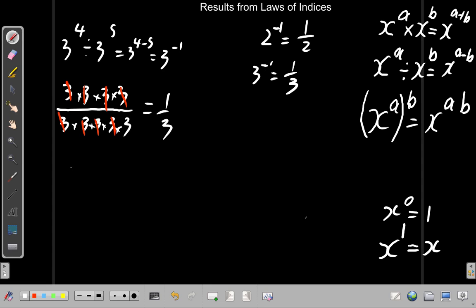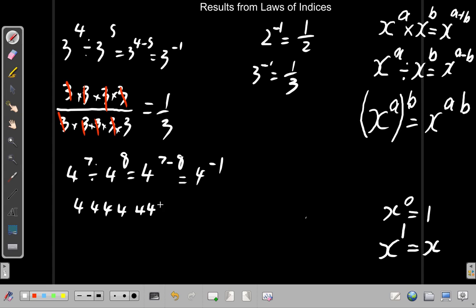Suppose we have 4 raised to the power of 7 divided by 4 raised to the power of 8. This would be 4 to the 7 minus 8, which is 4 to the negative 1. But what does this amount to? We have 7 4's over 8 4's.